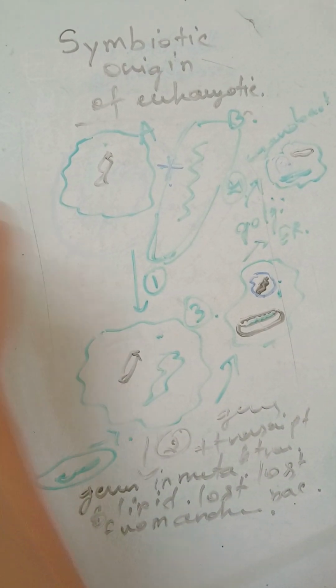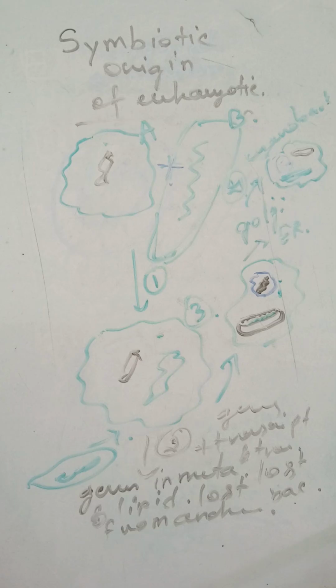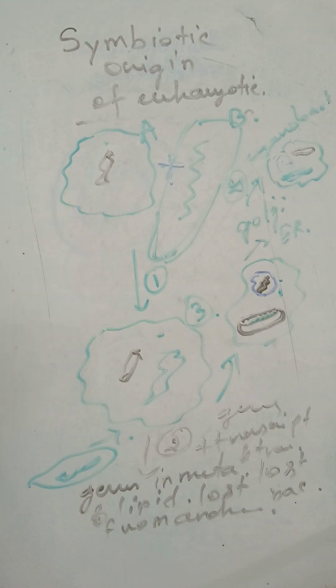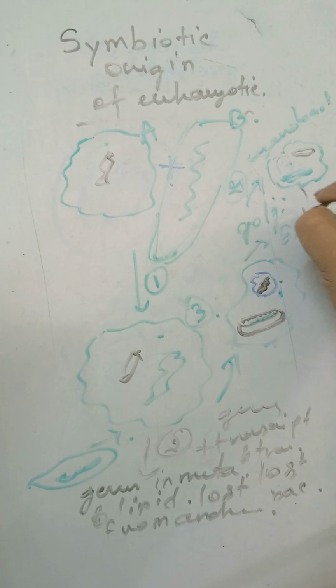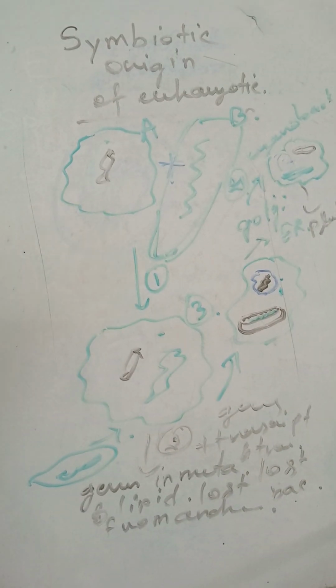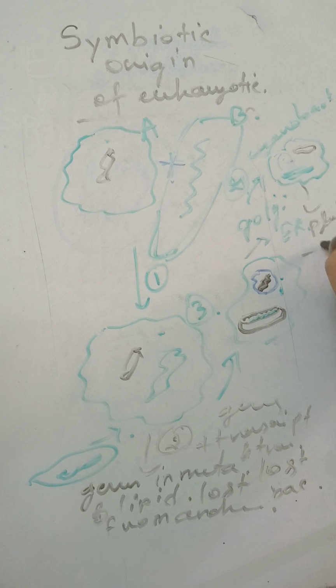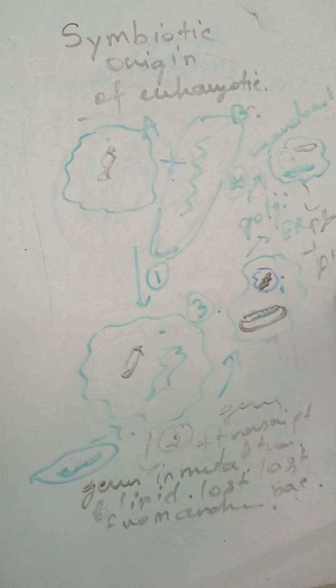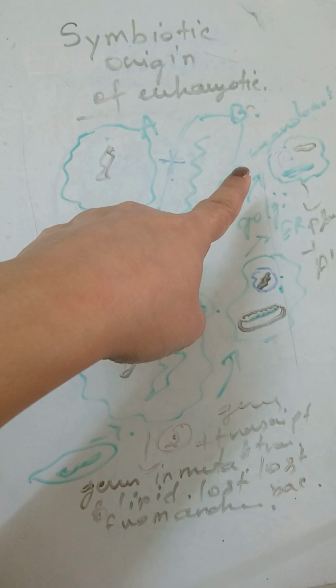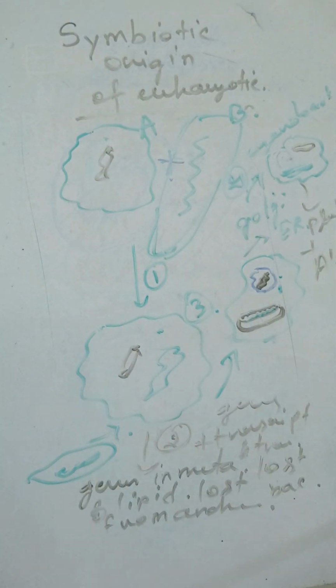From the cell which contains chloroplast, mitochondria, nucleus, Golgi body and so on, that obviously gives rise to plants, because we know plants need the chloroplast and chlorophyll, and also some algae will arise from this cyanobacteria-engulfed cell.